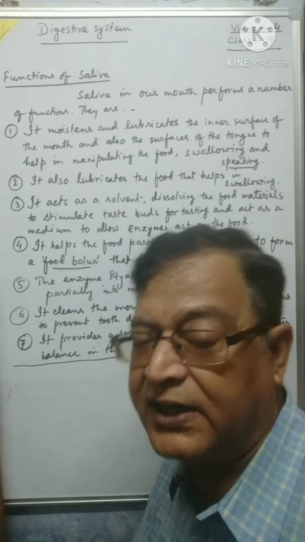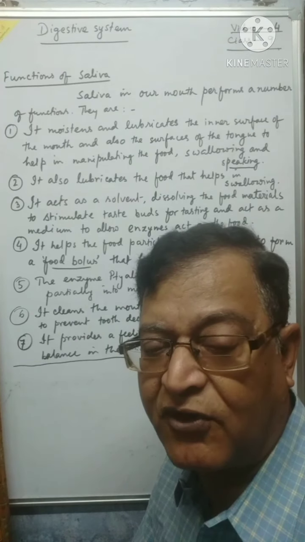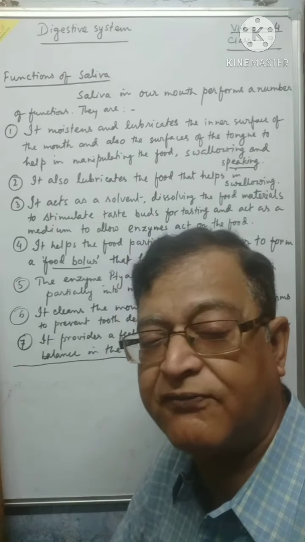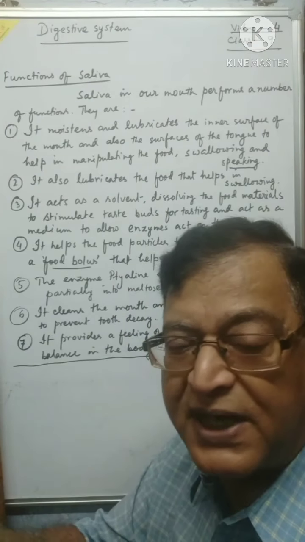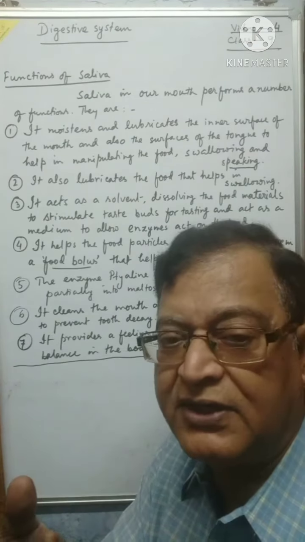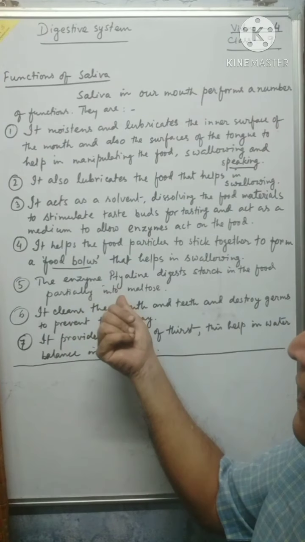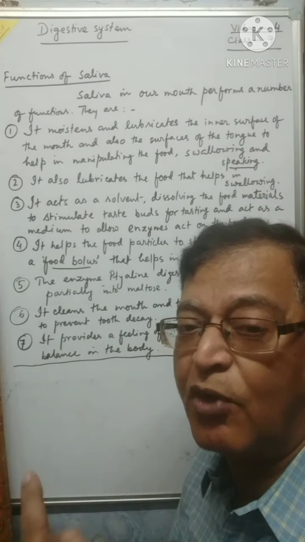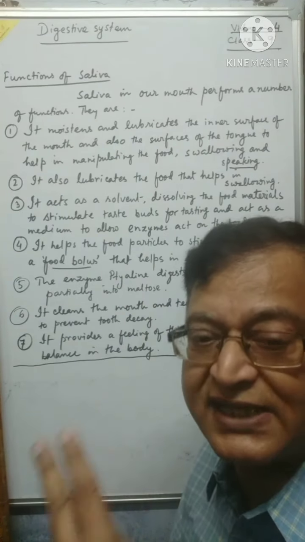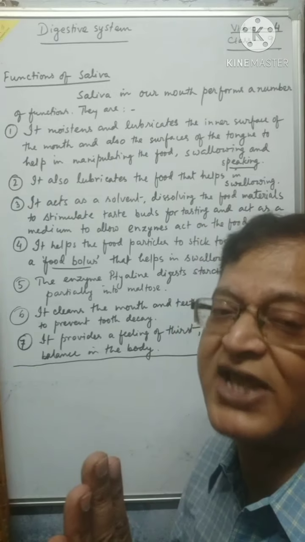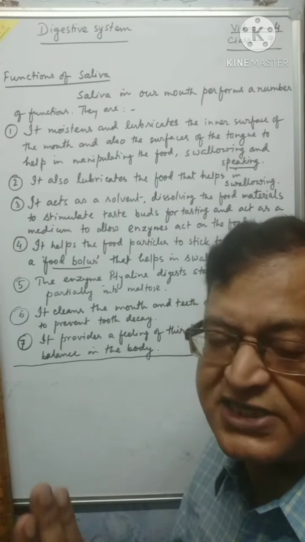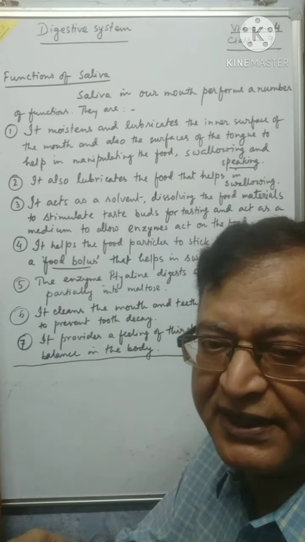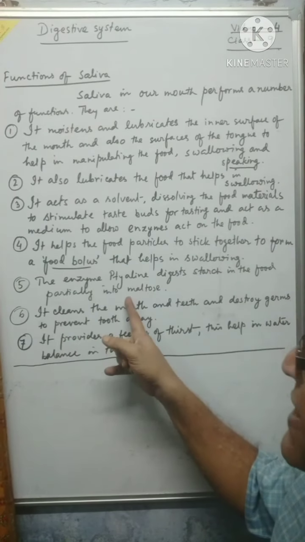Suppose you have taken 100 grams of starch material as food, all the 100 grams will not be converted; it is partially digested. A little part of it will be digested by that ptyalin. That's why it is partially into maltose. Starch is converted into maltose. Maltose is a double sugar or disaccharide. It is a one-stage digestion, but that also will be done only partially, not fully. Fully it will be done later in the alimentary canal. So that is partial digestion.